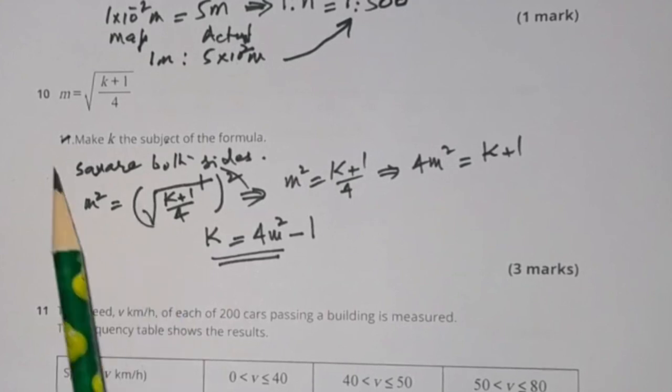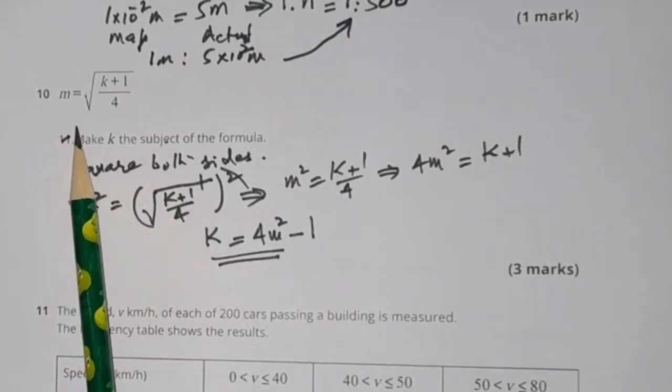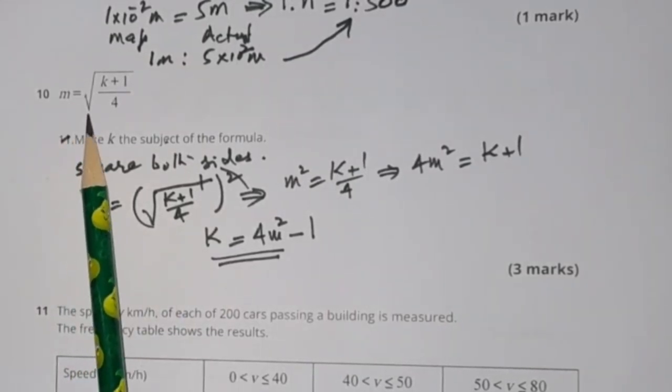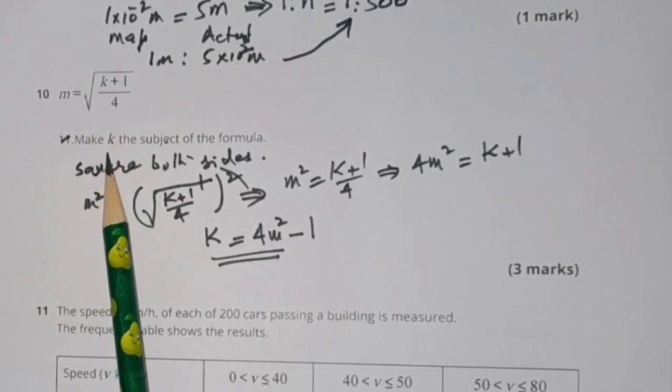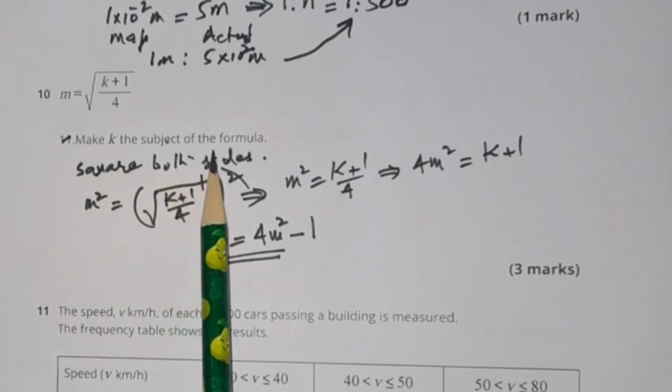Then we go to question number 10. There is an equation given to us, m is equal to root of k plus 1 over 4, and the requirement is that we have to make k the subject of the formula.